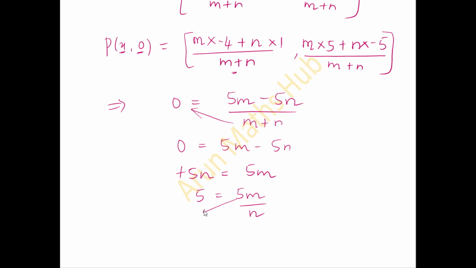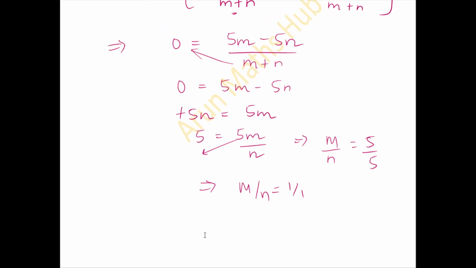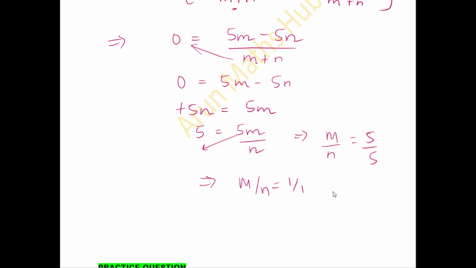Now move this 5 to the LHS, that is the denominator of the LHS. We get m by n equals 5 divided by 5. Therefore m by n equals 5 divided by 5 is 1 by 1. Therefore the ratio m is to n is 1 is to 1.